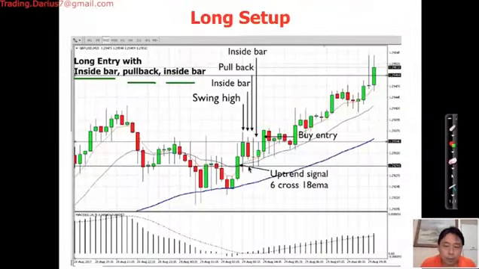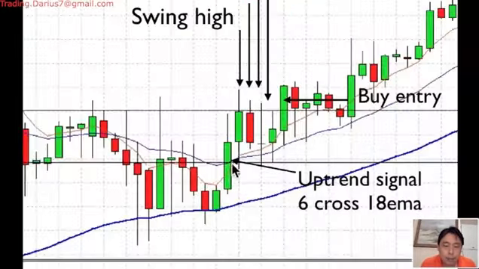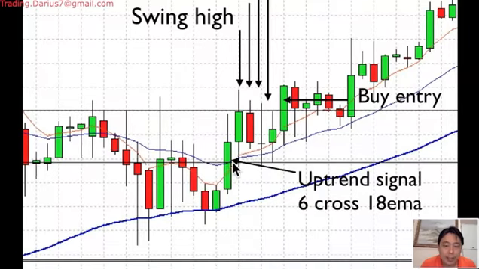There we go. We've got the signal, 6 EMA crossing above the 18 EMA. Right at the cross, or right after the cross, we have our swing high candle, right? So can you see this is a swing high? Because it makes a higher high than the previous candles, right? That's a swing high.